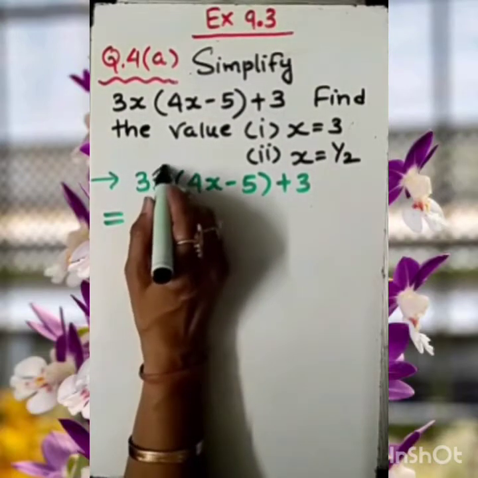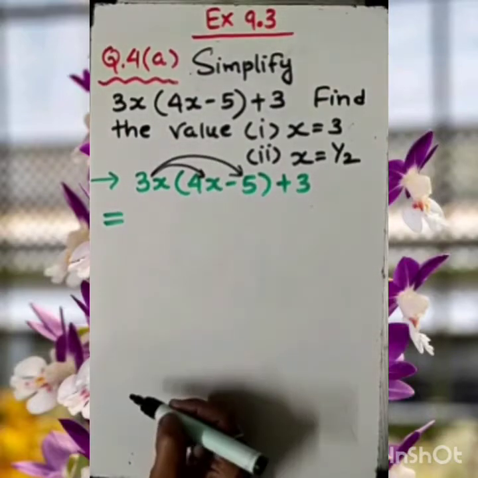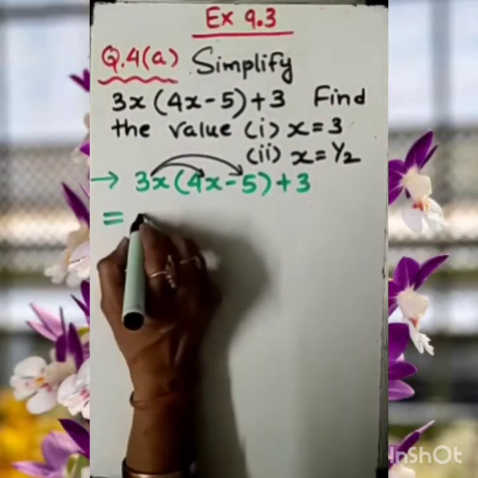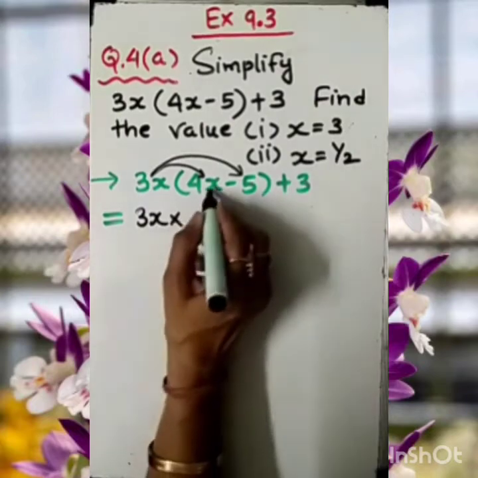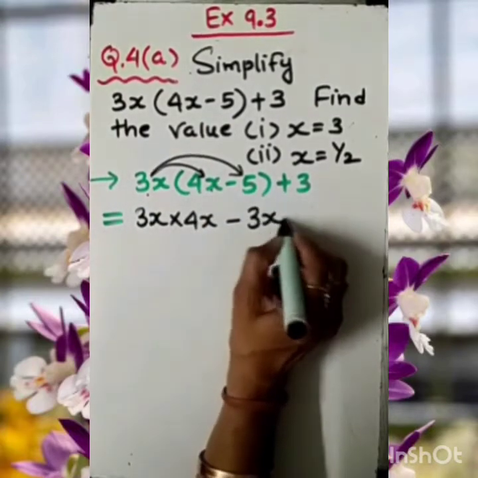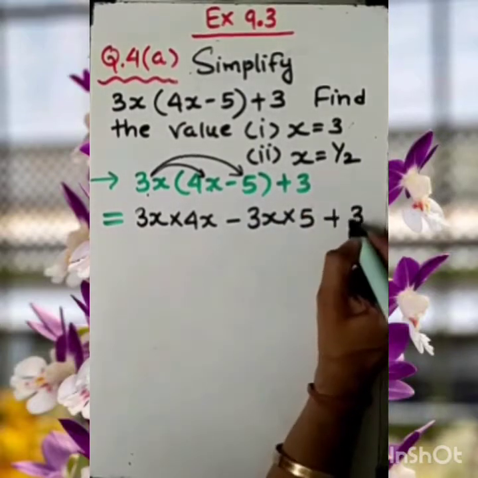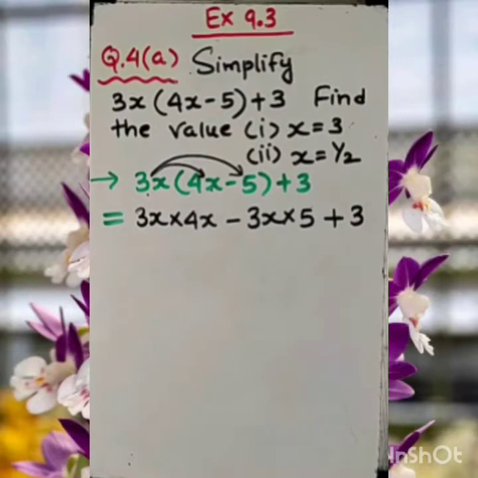As we know, this is in a product, and this is also in a product. So we need to multiply 3x with 4x, minus 3x multiplied by 5, and plus 3. Let me write it separately.